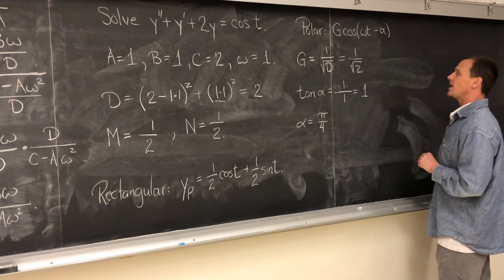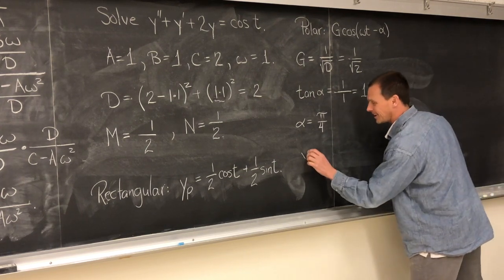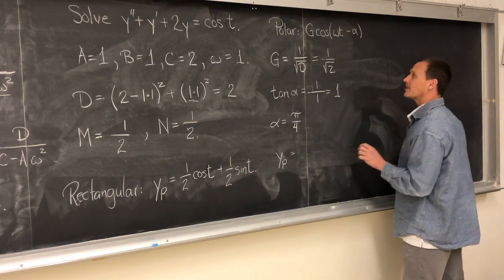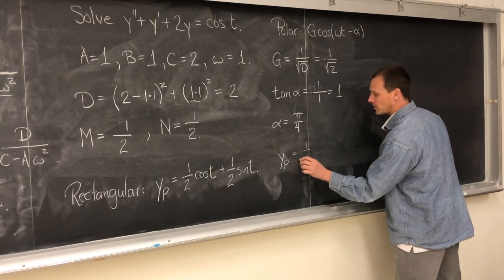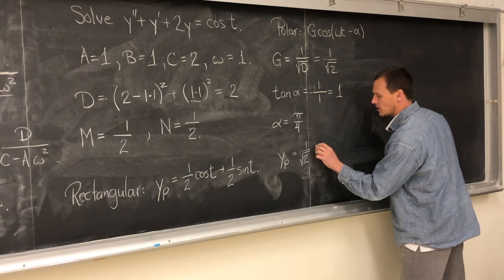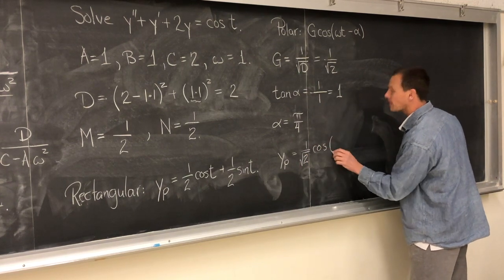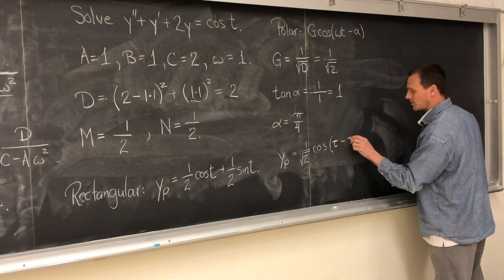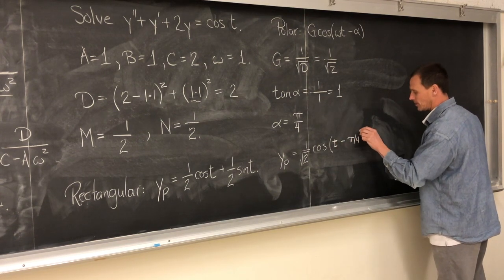And there we got it. It's all there. So we can say in polar form, our y particular is 1 over square root of 2 cosine of, omega is 1, t minus pi over 4.